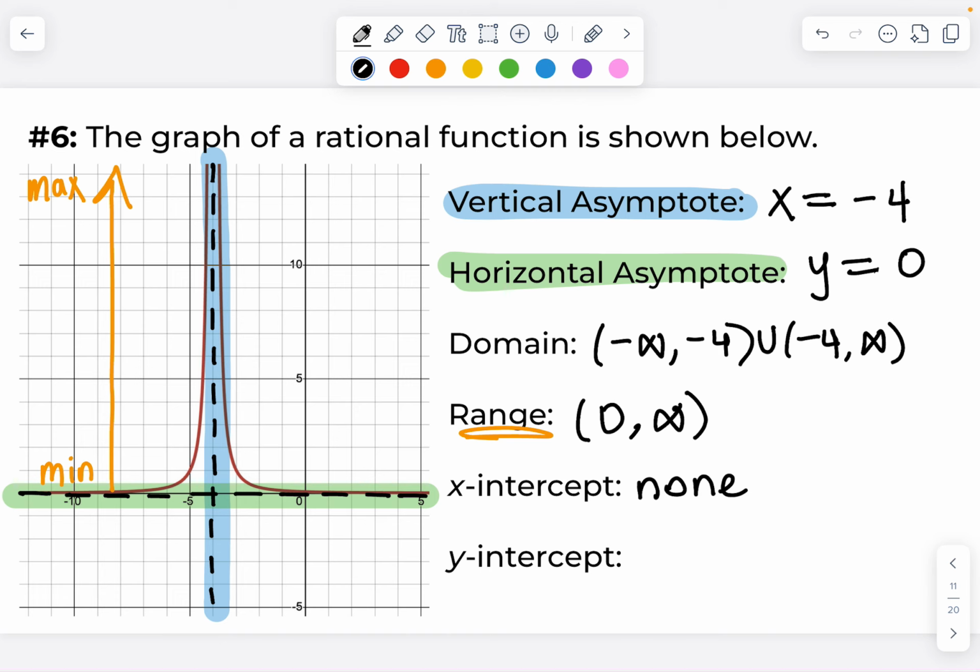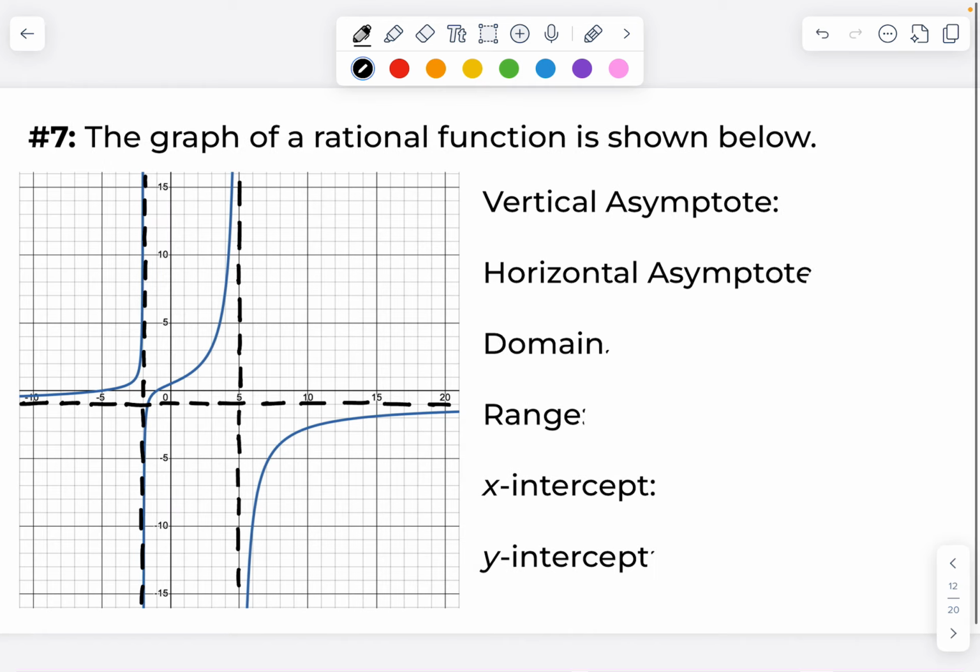So no x-intercept on this one. We do have a y-intercept. So we cross the y-axis here at this point, and again, I'm going to estimate here, this is pretty close to 0. So I'm just going to guess that it's 0.1. And that's my guesstimate for that y-intercept. Okay, so that is the characteristics of this graph.